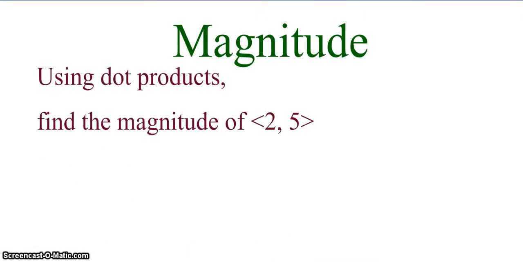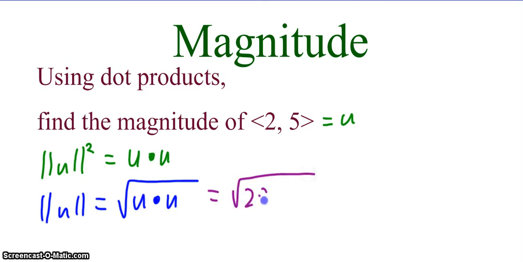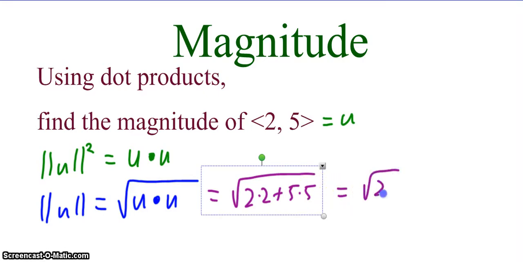So if we want to find the magnitude of a vector using the dot product, well, if I call this vector u, then I know the magnitude of u squared is u dot u, so then the magnitude of u is the square root of u dot u, which in this case would be the square root of 2 times 2 plus 5 times 5, or the square root of 29.